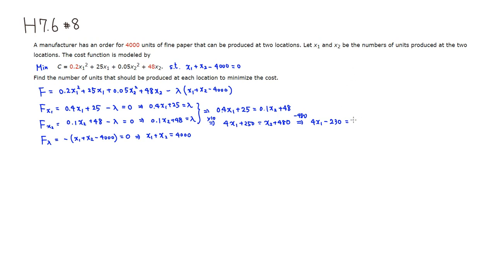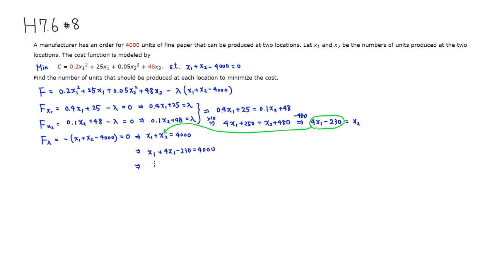So once you know x2 here, I'm going to plug it into the third equation there. So what you get is x1 plus 4x1 minus 230 is equal to 4,000, right?